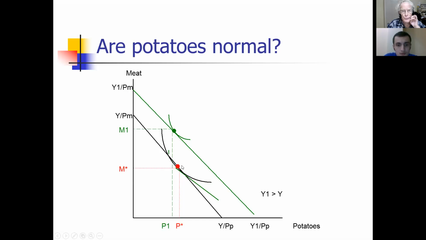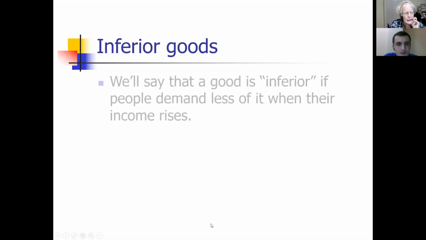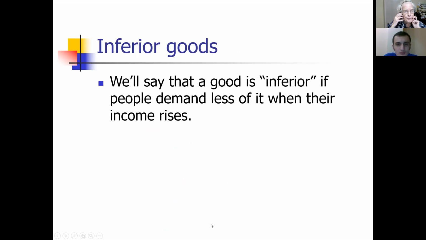It is a puzzling income effect: when the price is held constant, the effect on potatoes is actually negative. We cut back from T star to T1. Why? Potatoes, in our example, are what economists call an inferior good.